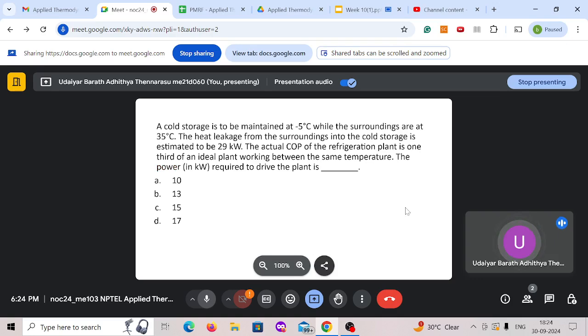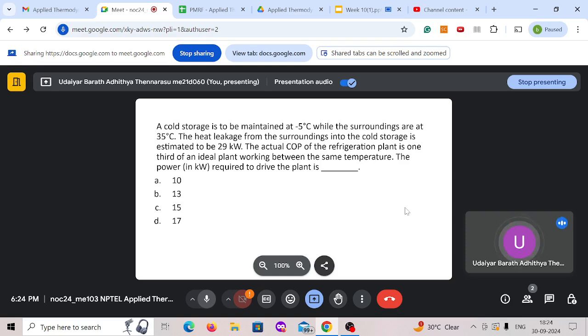The next question is, we have a cold storage which is to be maintained at minus 5 degrees Celsius while the surroundings are at 35 degrees Celsius. The heat leakage from the surrounding into the cold storage is estimated to be 29 kilowatt. So what is given is, we have a cold storage, so it's basically a refrigerated space.